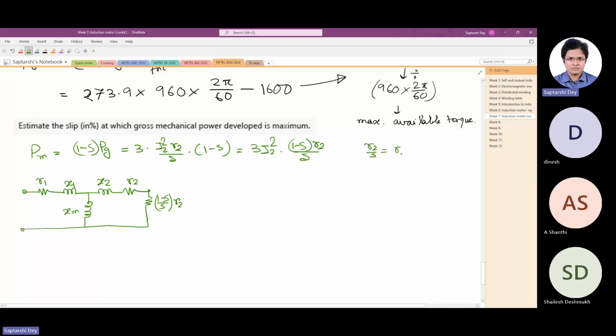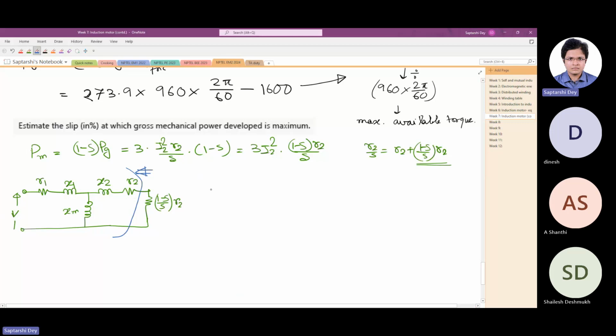R2 by S is R2, the actual rotor resistance, plus 1 minus S by S times R2. So basically whatever energy is dissipated in this resistance in the equivalent circuit is actually the developed mechanical energy, right? This is the voltage V. So now again we have to Thévenize the circuit, but from here.